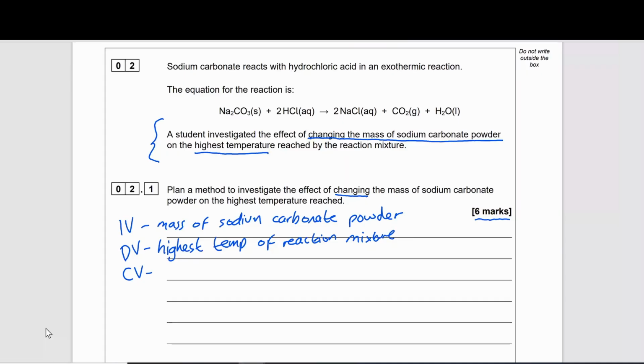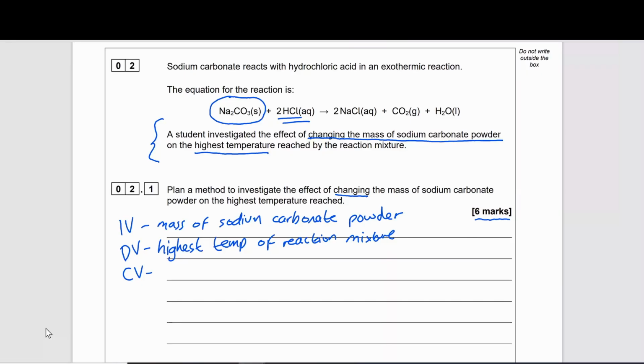So if we're going to be changing the sodium carbonate powder mass, and we're going to measure the highest temperature reached of this reaction mixture, we now need to think about, if we change anything else, will that affect the temperature that we measure? So let's go to our equation. We know that we're going to be changing the mass of this. But we've got another reactant in the equation, hydrochloric acid.